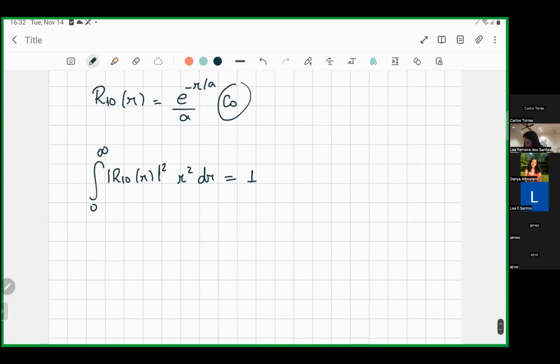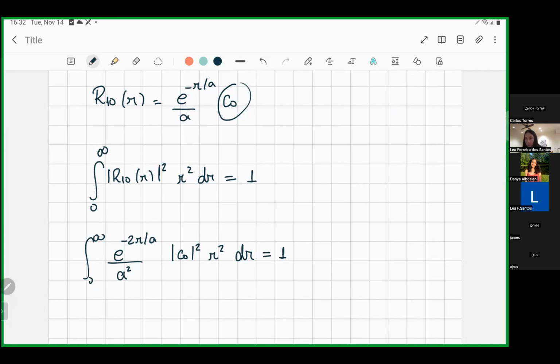Okay, so let's put all this into this integral. The exponential squared becomes 2 over A, and the C0 squared, R squared dr equals 1. This is what we have to solve to find C0. I'm going to put the answer and then I'll come back to solve this with you.